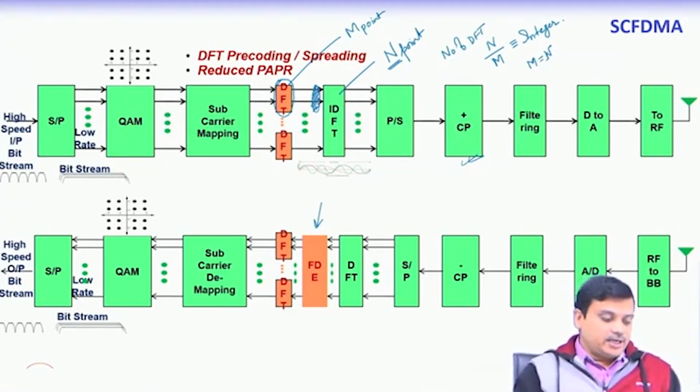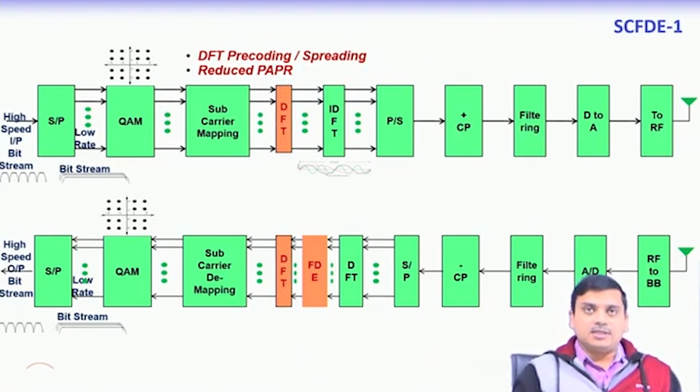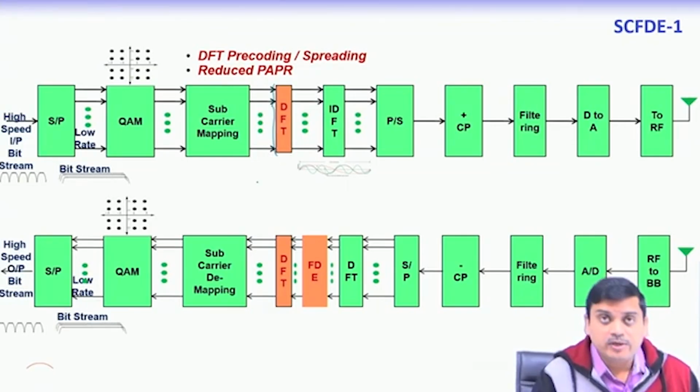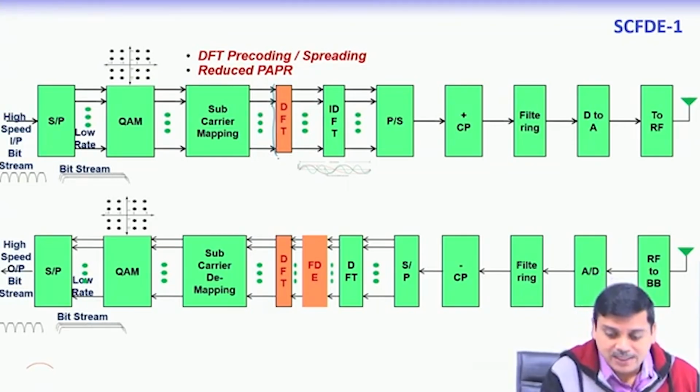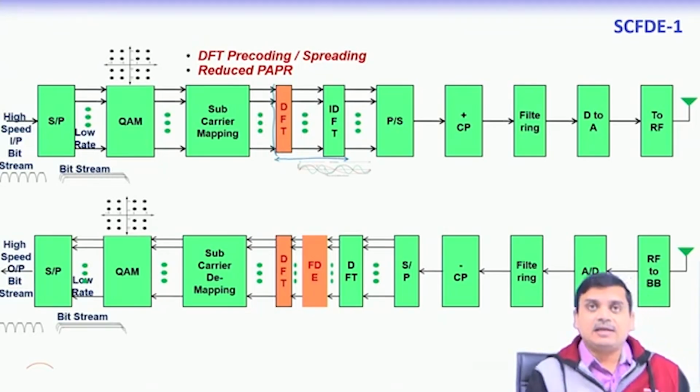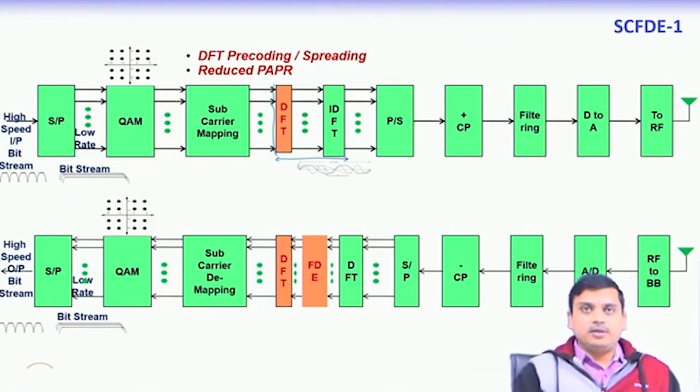If you do that, then the DFT spans the entire length, and you can easily see that the DFT followed by IDFT essentially cancels out each other. There is no need to do this operation.